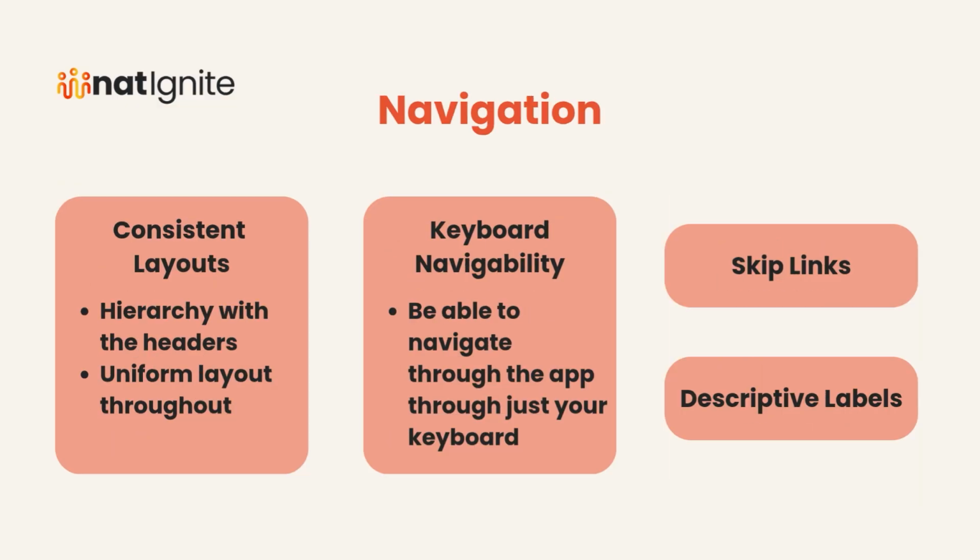And then another feature of accessibility is having good navigation. This is essential for people that rely on any assistive technology or keyboard access to access the website or app. So one aspect of this is having a logical page structure and consistent layouts throughout your product. So have a clear hierarchy of headings.